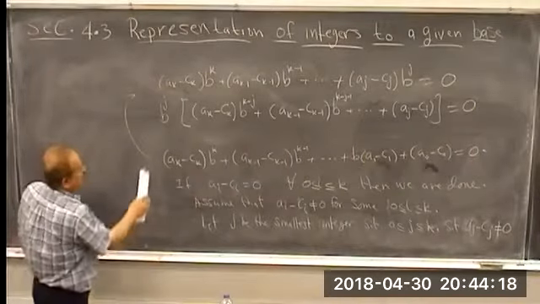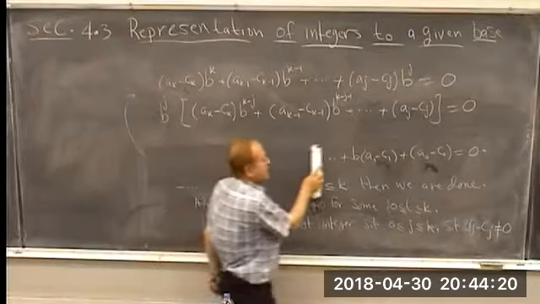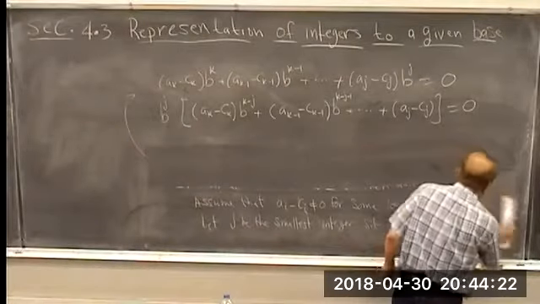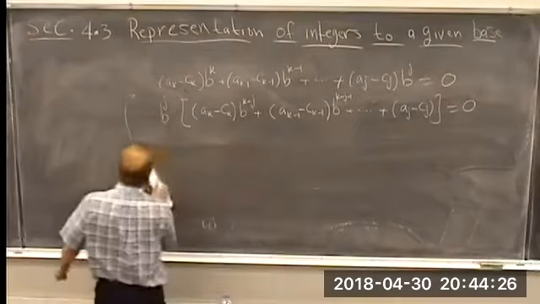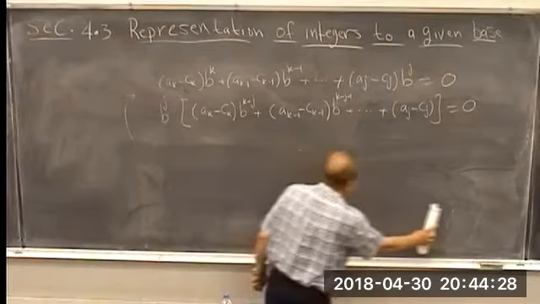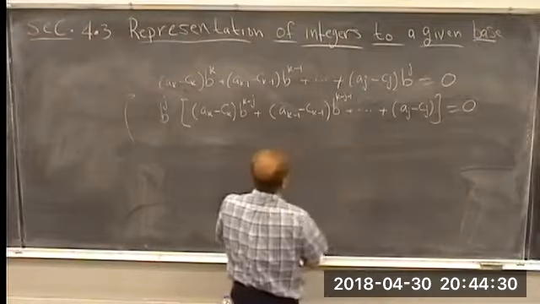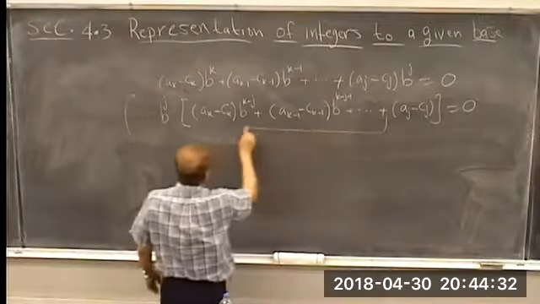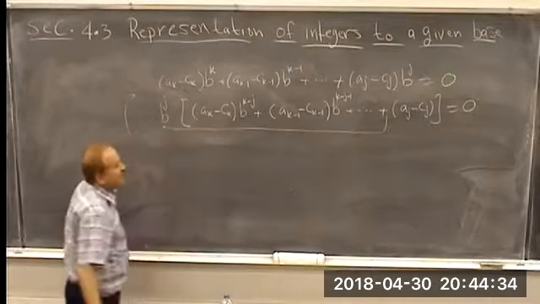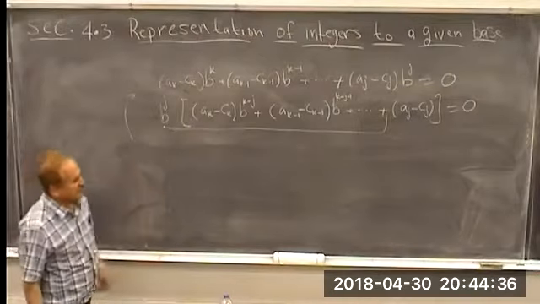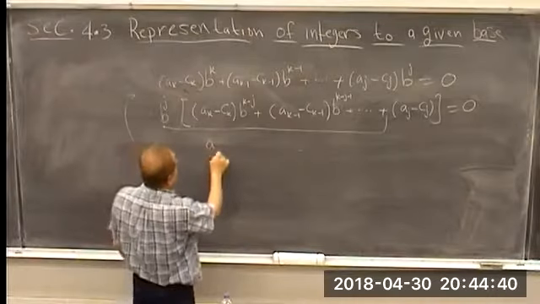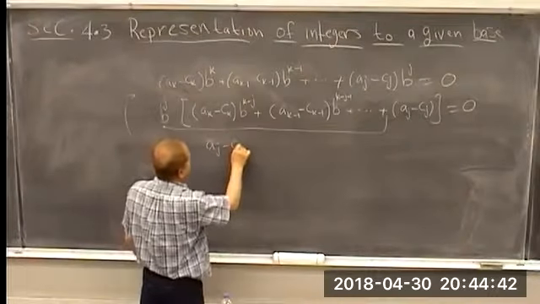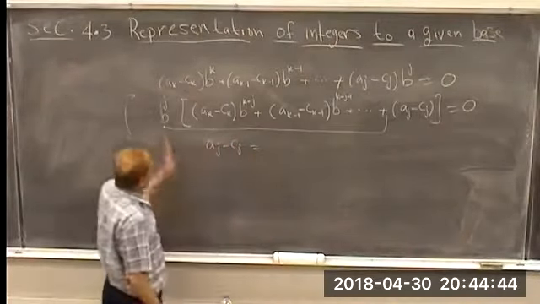All right, what does this mean? This means that if I remove all those terms, taking them to the other side of the equation, I end up with A_j minus C_j equal to the negative of this.